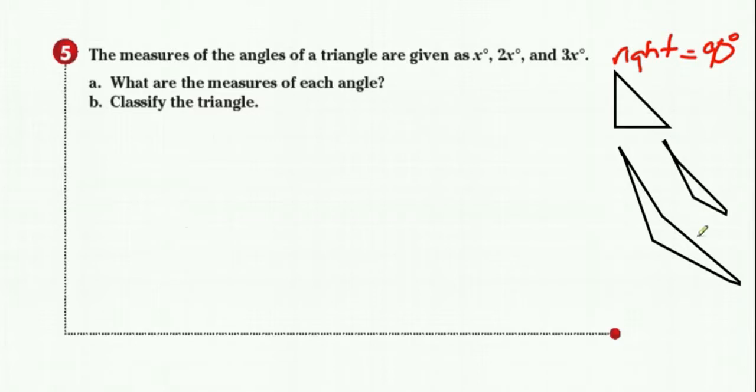There you go. That works. Close enough. Okay, this angle right here is more than 90 degrees, so that's what we call an obtuse triangle.